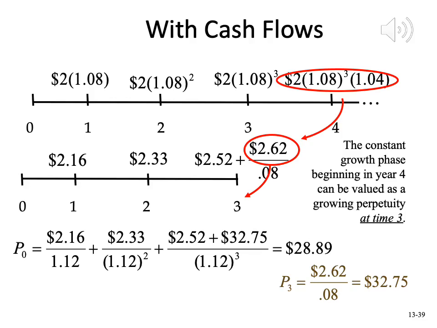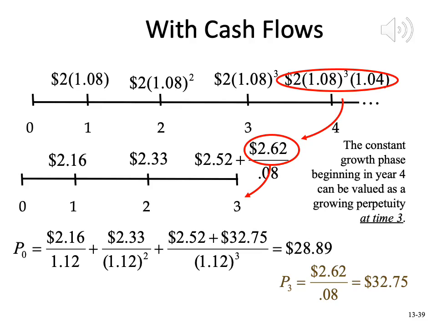So let's first calculate D4. D4 is D3 times 1 plus 4%, which is $2.62. When we are using D4 in the constant growth model, we are actually calculating the price as of year 3.